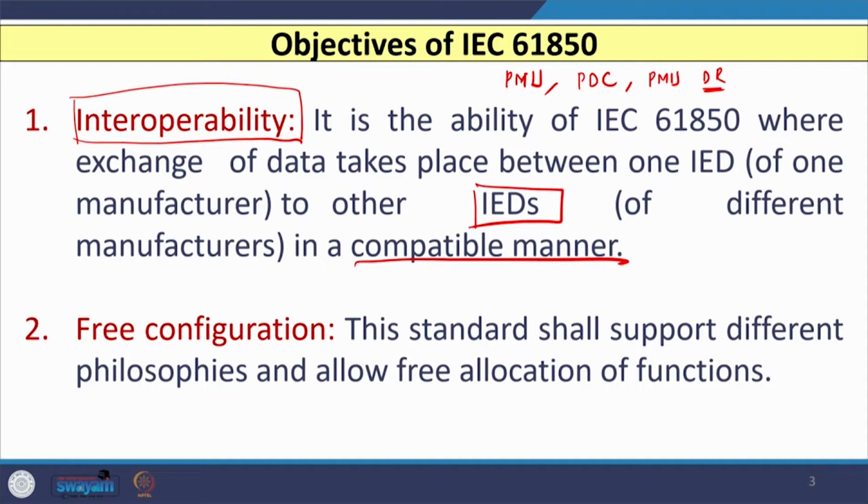The second objective of IEC 61850 is free configuration. Utilizing this standard, it shall support different philosophies and it will also allow free allocation of functions.